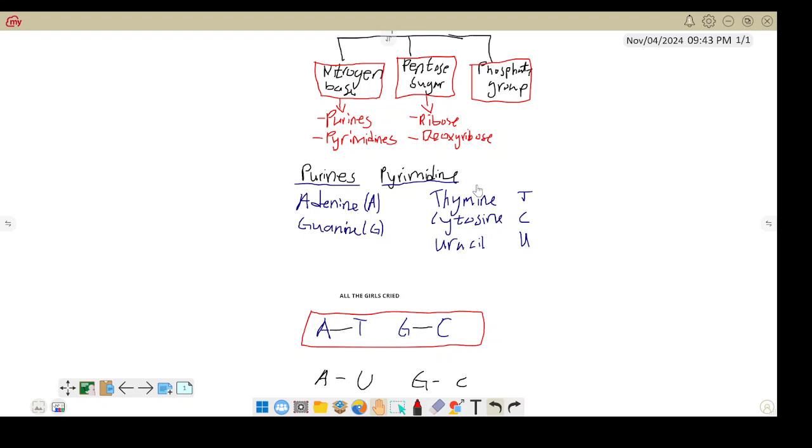So from here we can talk about the pentose sugar, and then that will be the end of part 1. Just for revision's sake, this is DNA. This one down here will be RNA.